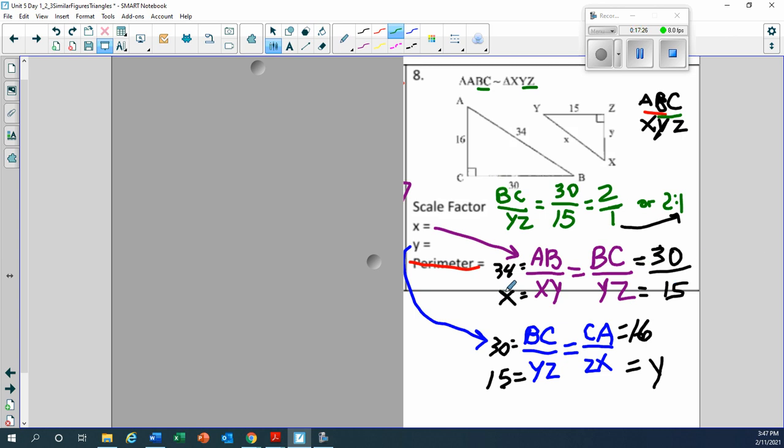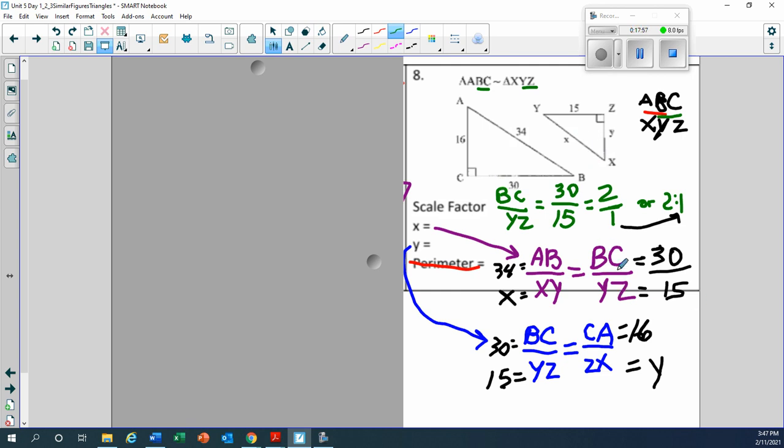Now, solve for x. So x we see is depicted by that side XY, I'm sorry. Right above the XY is the AB. So AB is going to go directly over the XY, and we see AB was 34. And then XY, we don't know what it is, but we know that it's depicted by the x.